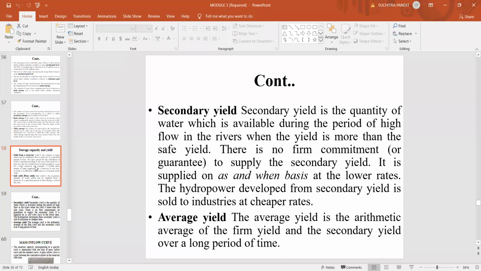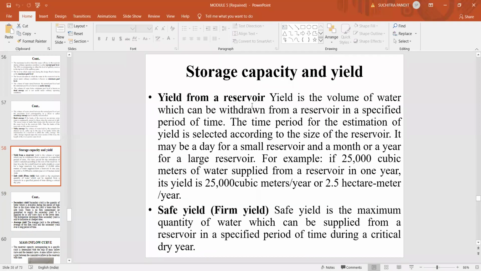So these are some of the basic definitions. The yield from a reservoir is the assured quantity of water that can be supplied or withdrawn from a reservoir to meet the various demands on the downstream side. Safe yield is the quantity of water which can be supplied during the critical dry period.